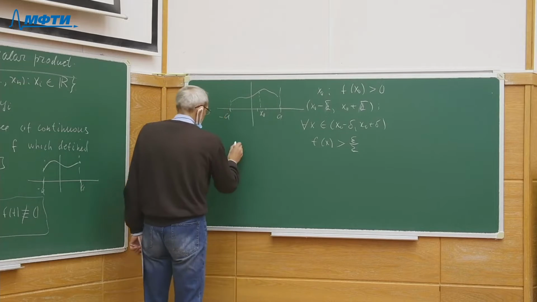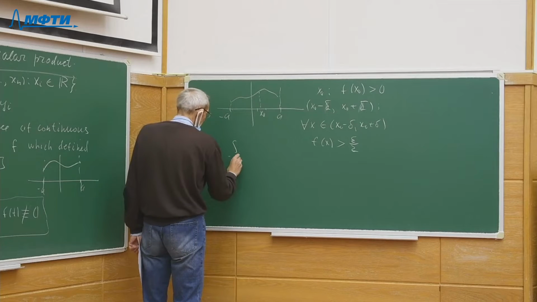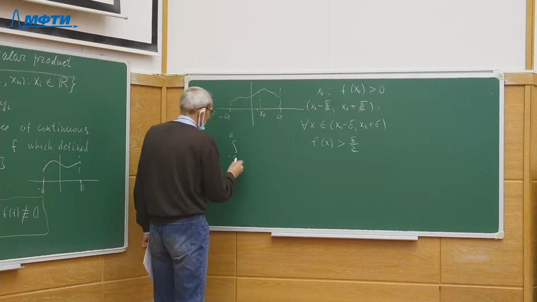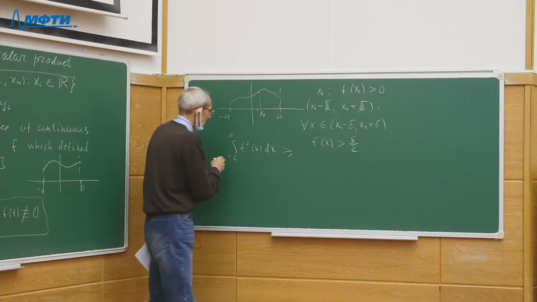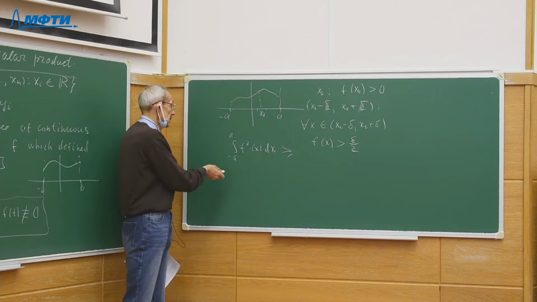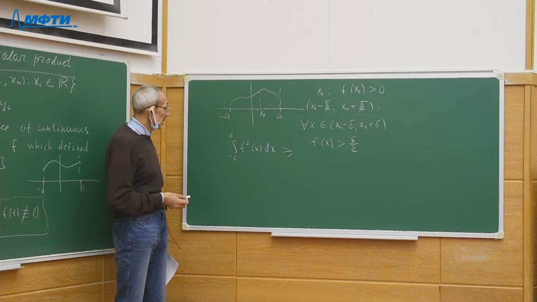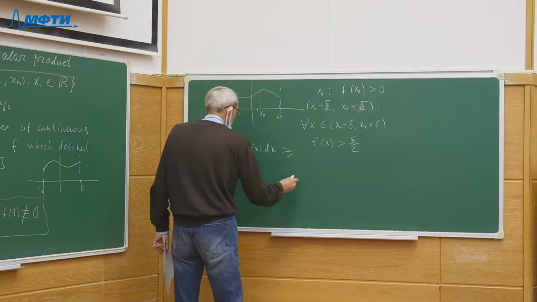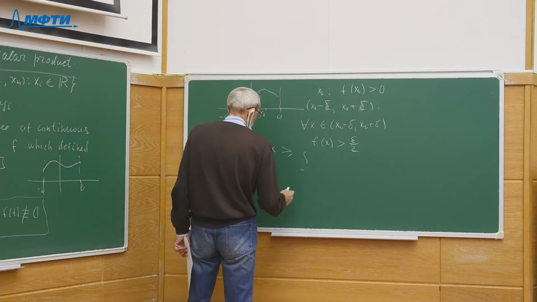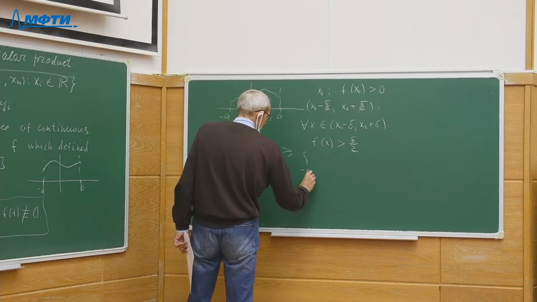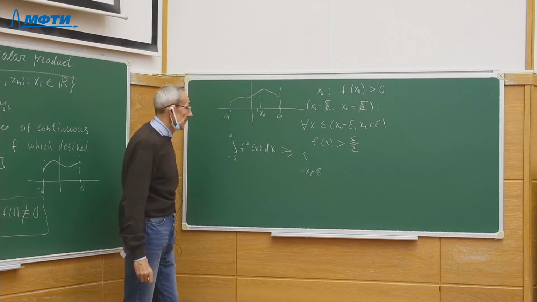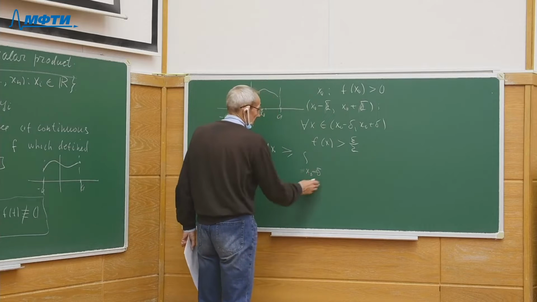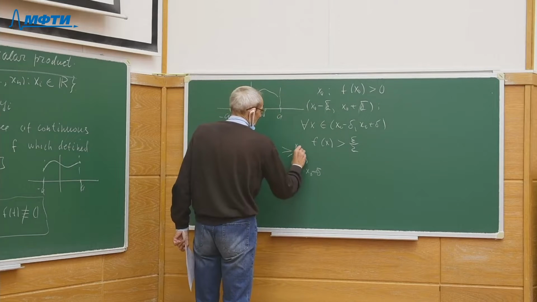And we have the following evident condition: the value of the integral, which we consider over the whole segment minus a to a, is greater or equal than the value of this integral over the segment with endpoints x0 minus delta, x0 plus delta.